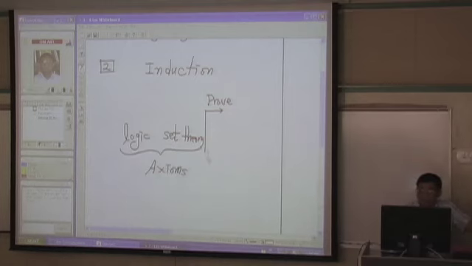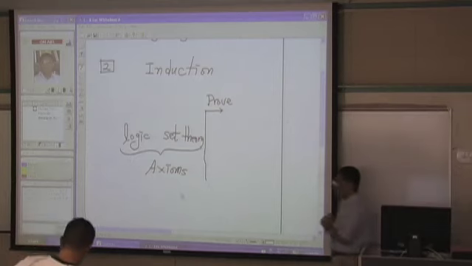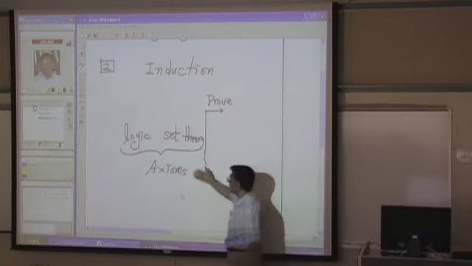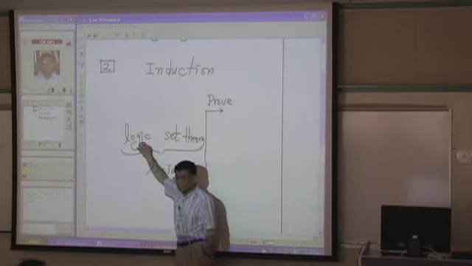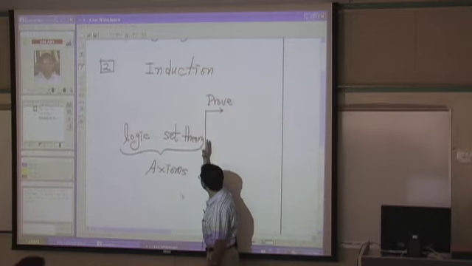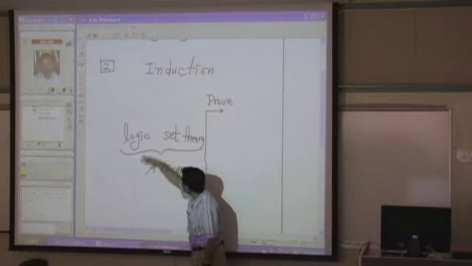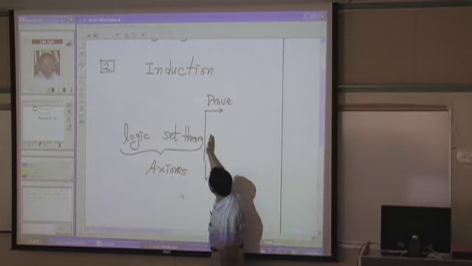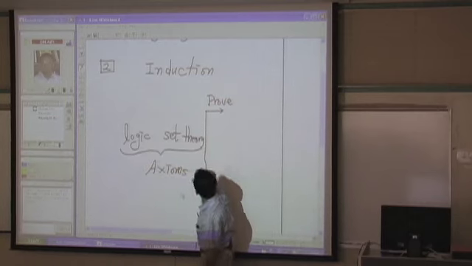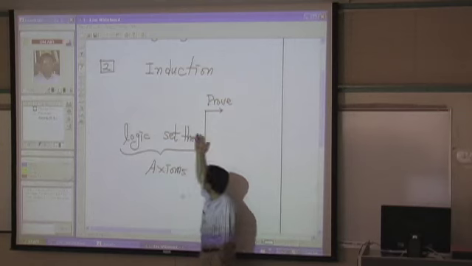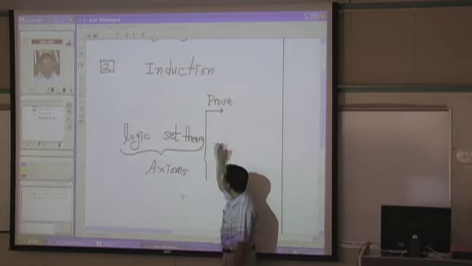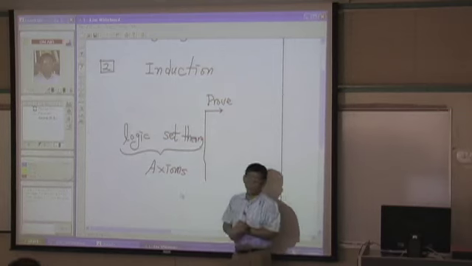So roughly, we don't want to touch these things in this course. But if you take courses such as set theory or logic, then you will consider some material that is more basic than this proof thing. So we focus on what comes afterwards, not before set theory.